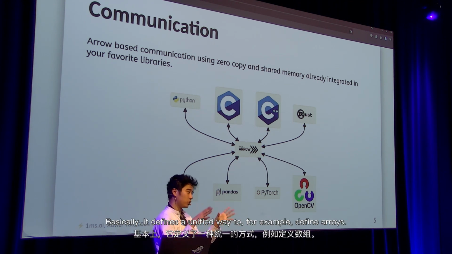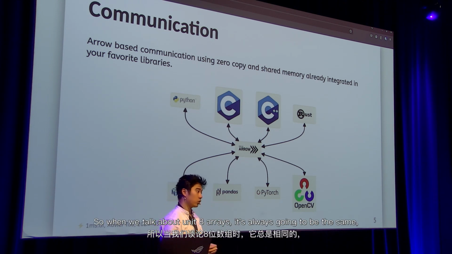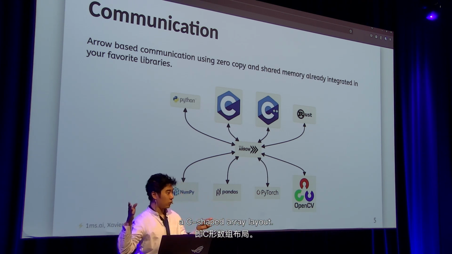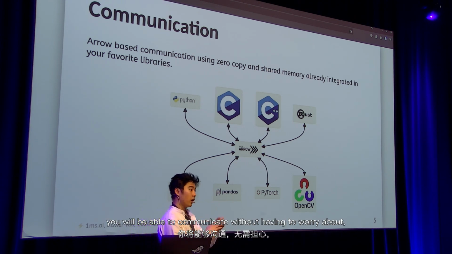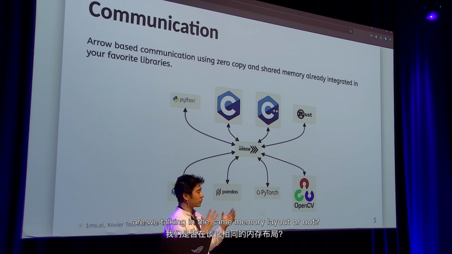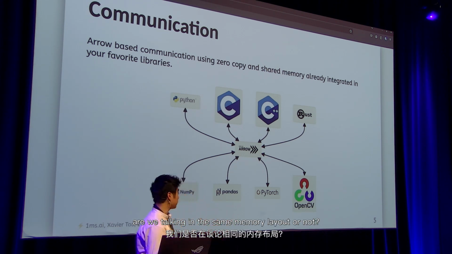Basically, it defines a unified way to define arrays. So when we talk about uint8 arrays, it's always going to be the same C-shaped array layout, so that if you talk from C and C++ to Rust or Python, you will be able to communicate without having to worry about whether we are using the same memory layout or not.